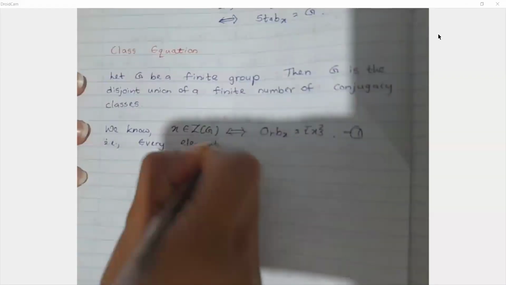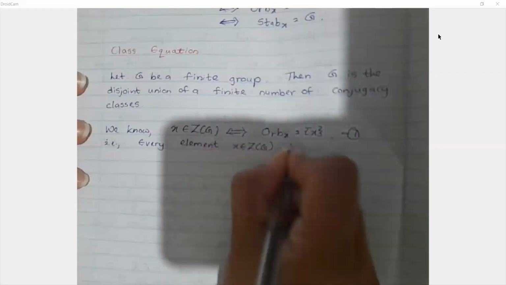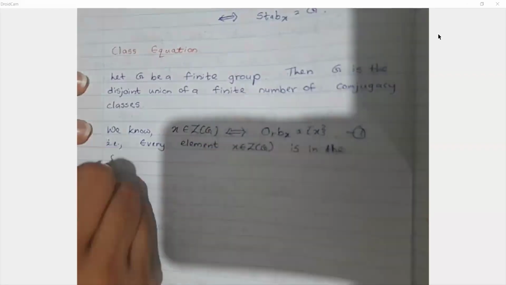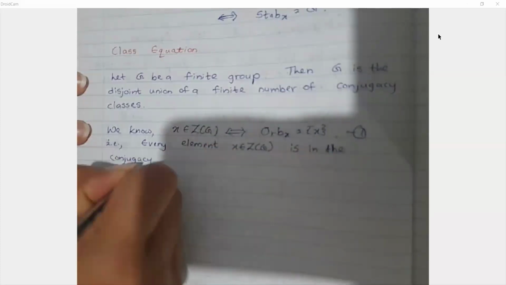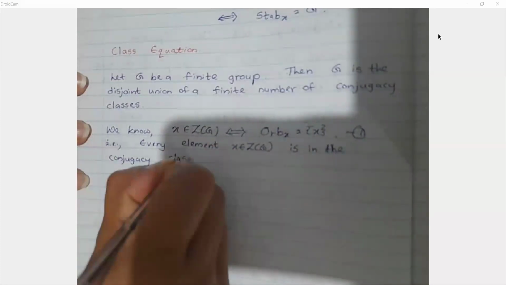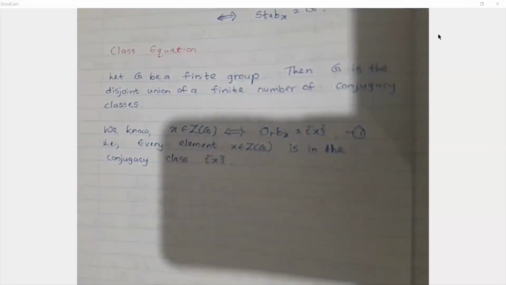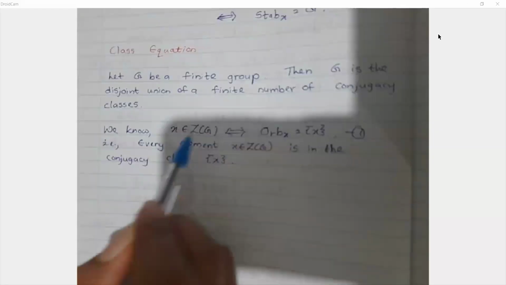That means every element X that you take from the center is in the conjugacy class containing just that element, right? So if you look at the entire center of G, every distinct element makes up one conjugacy class.